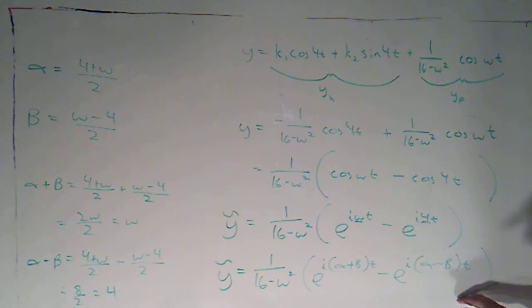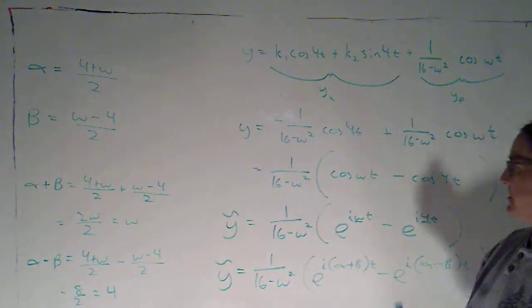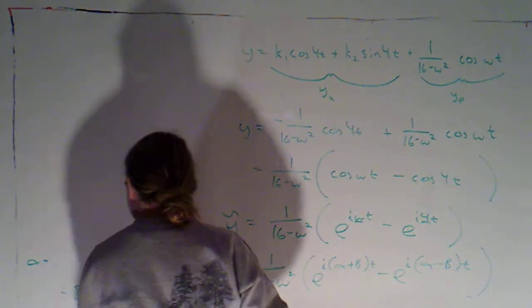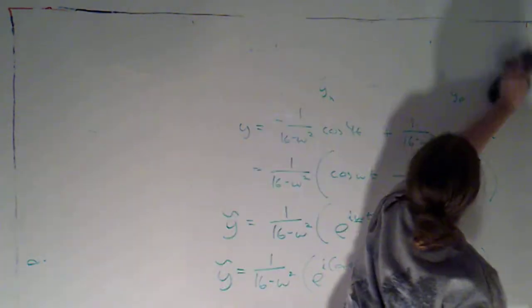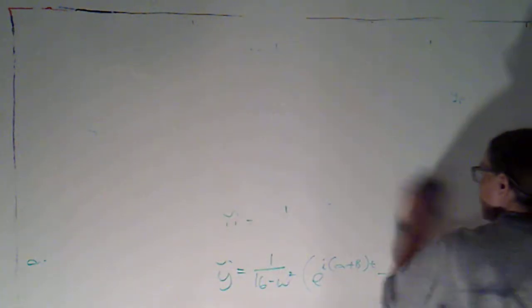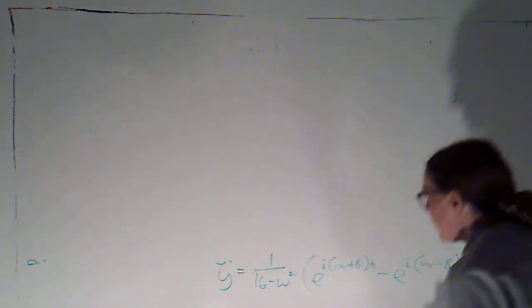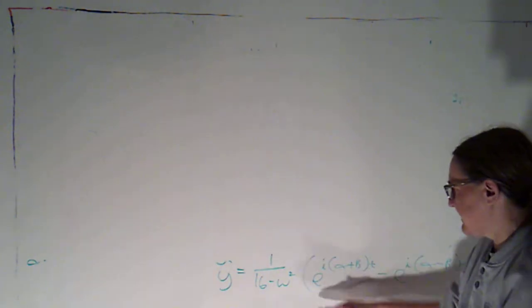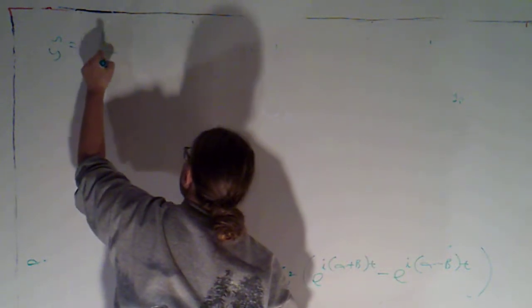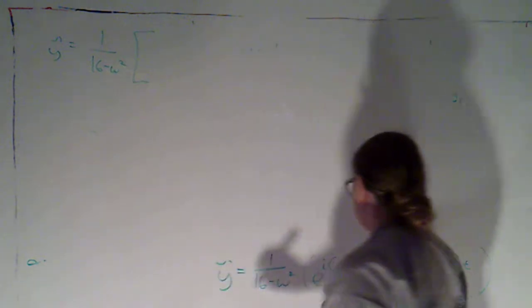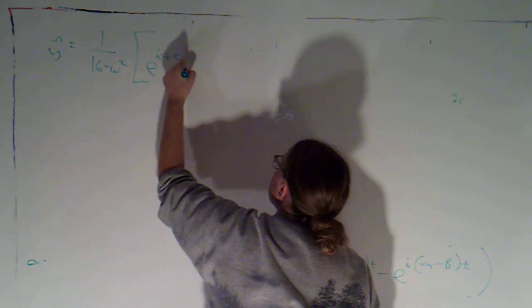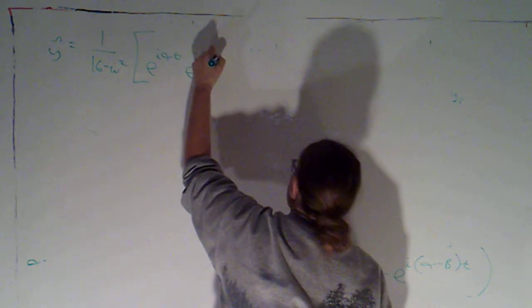Okay, so I'm going to just rewrite this one or two more times. So let me keep that line up. All I'm going to do is multiply things out here a little bit. So I'm going to say y tilde is 1 over 16 minus omega squared times e to the I times alpha t times e to the I times beta t.